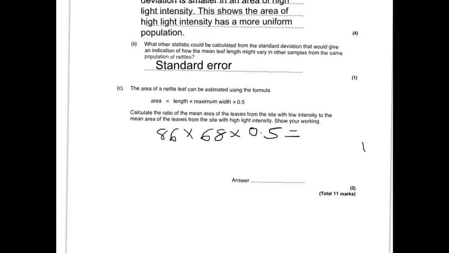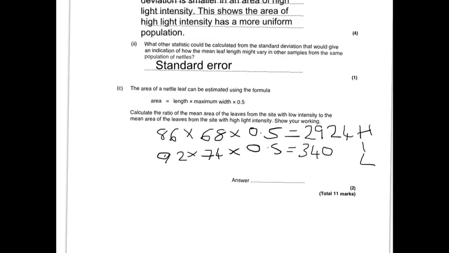And then the low light intensity will be 92 times 74 times 0.5. In the high light intensity it will be 2,924, and in the low intensity it's 3,404.